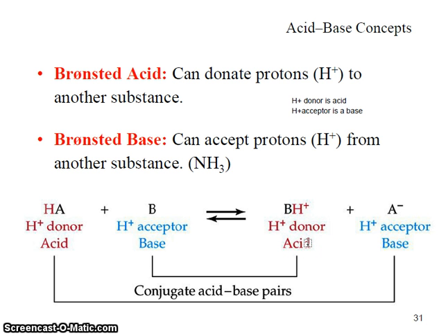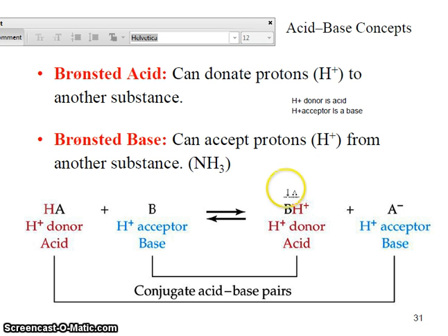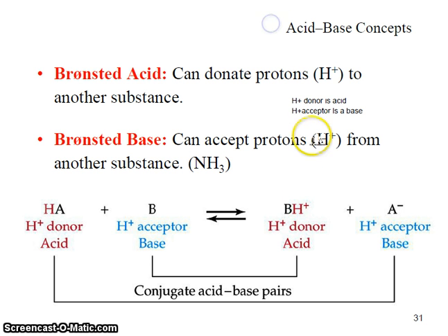So at any given point of time, there will be two conjugate acid base pairs present in the system. Let me write that somewhere. There will be two conjugate acid base pairs in the system.